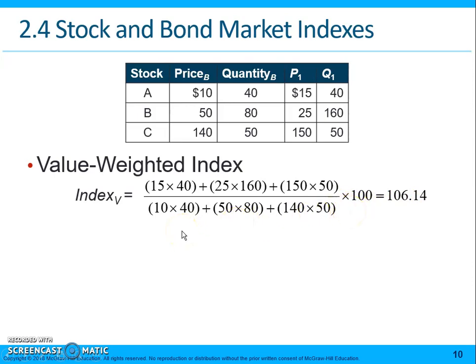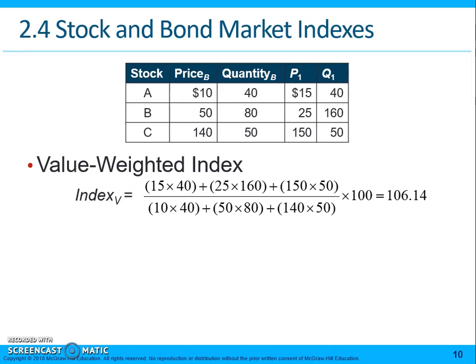To calculate the return on the index, you take the ending value minus the beginning value divided by the beginning value. So it would be 106 minus 100 divided by 100, and you would get a 6.14% return. So a value-weighted index gives more influence to the companies with greater value.